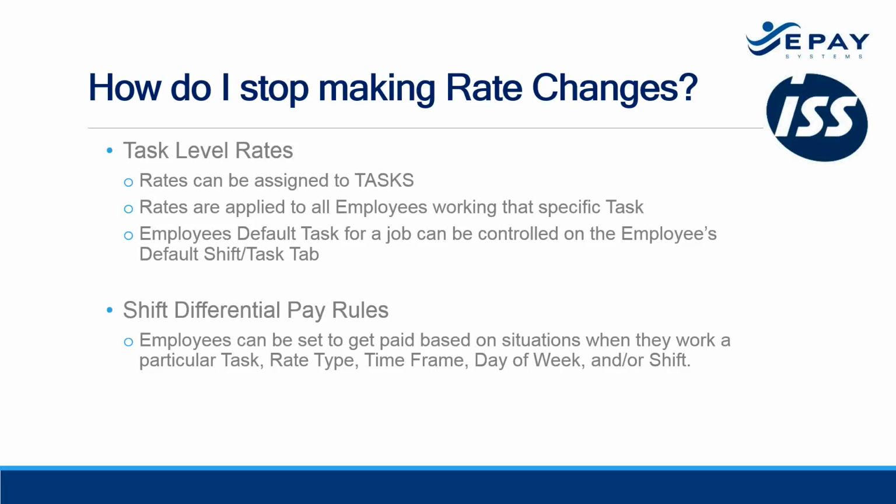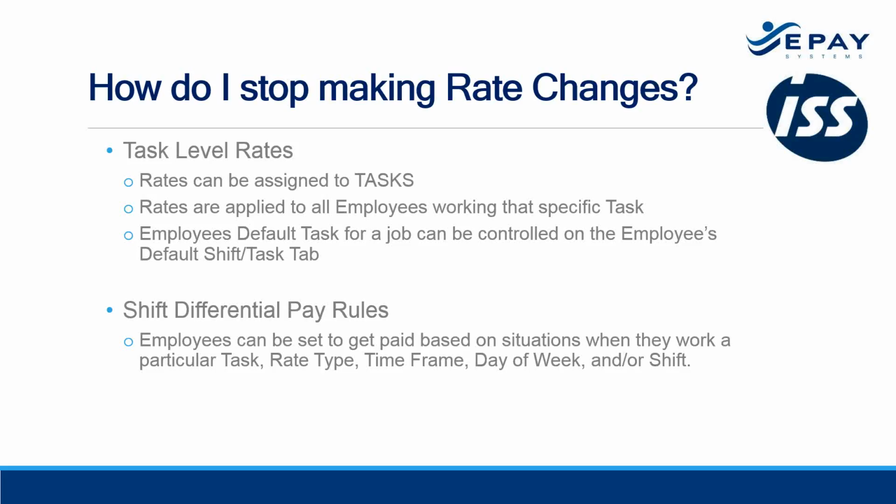In the background, we have a hard-coded rate for that particular task. Whenever someone clocks into that task, or their time is edited to that task, it automatically assigns the proper rate for that employee. That's a task level rate. These rates are only applied to employees working that task.